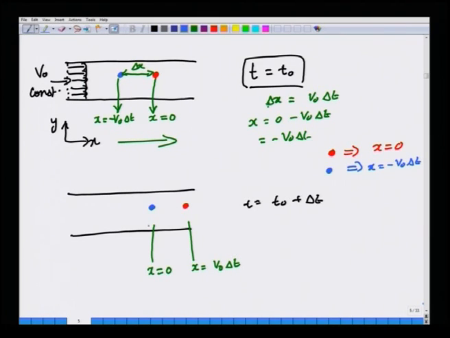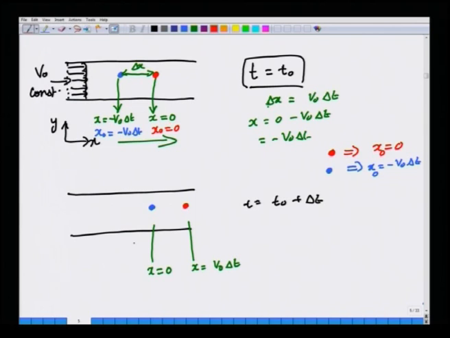Since the Lagrangian variables are denoted with x naught, this is the position at time t equal to t0. So, for the blue particle x naught is minus v0 delta t, and for the red particle x naught is 0.